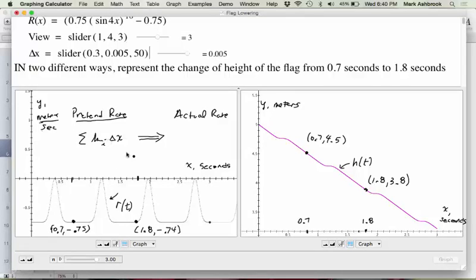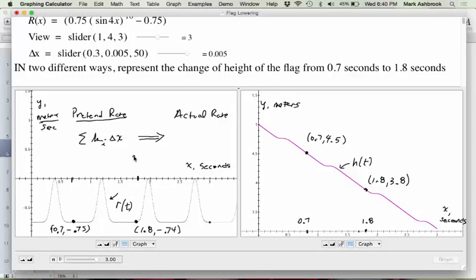Okay, so I kind of jumped the gun a little bit here. So let's take a step back and talk about how we get that total change using the pretend rate function, all the constant rates. It's the sum of a bunch of k delta x's, right?